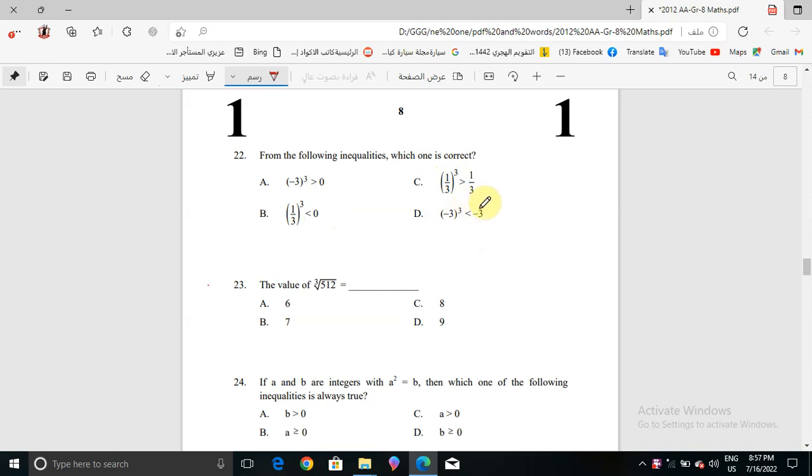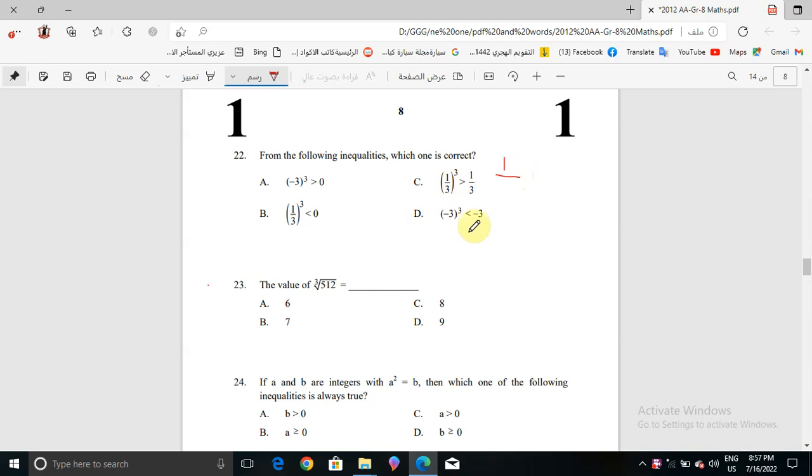First of all, in this question actually we have two answers, which are C and D, because in choice C what we have here was 1 over 3 cube, right? When we multiply 3 three times, it will give us 27.